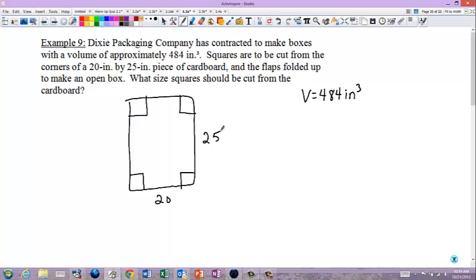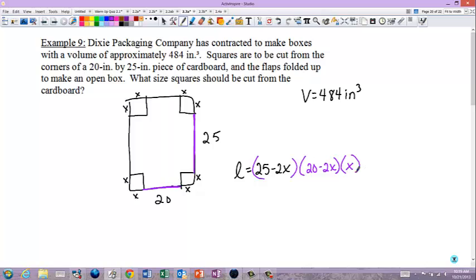What size squares should be cut from the cardboard? Remember that these are my x's, and my length is going to be 25 minus 2x, because it's this distance. My width is going to be 20 minus 2x, and my height is x.